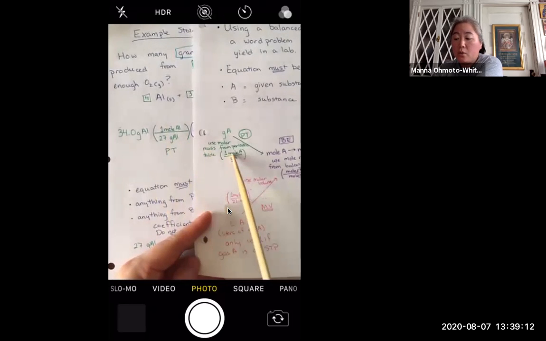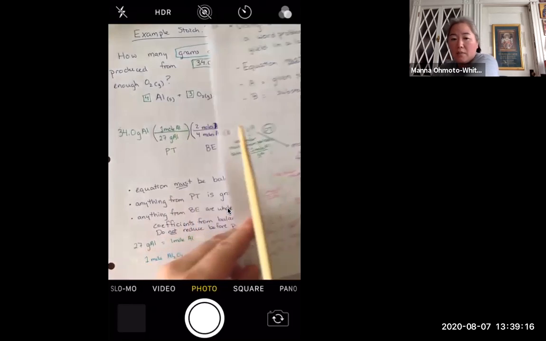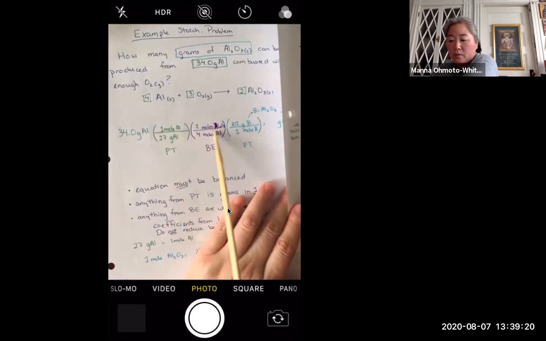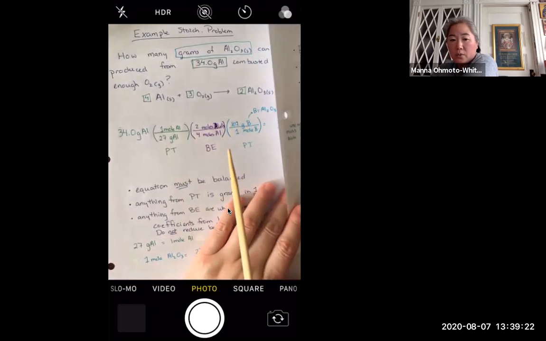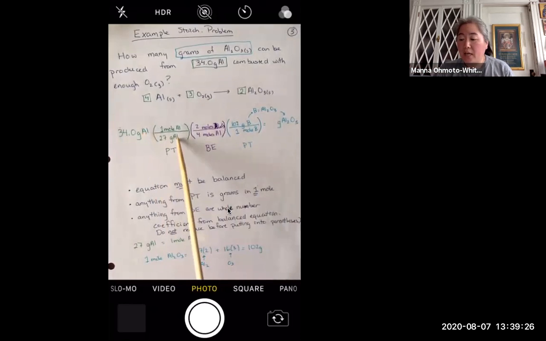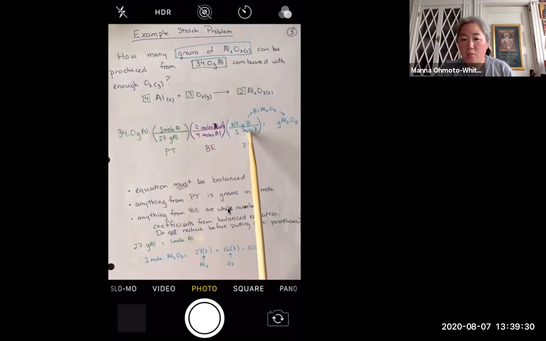Grams of aluminum can only go with moles of aluminum. That will go in my first parentheses. And then in my second parentheses, I'm going to be able to cancel out my moles of aluminum and my moles of Al2O3. So grams A, moles A, moles A, moles B, moles B, grams B.